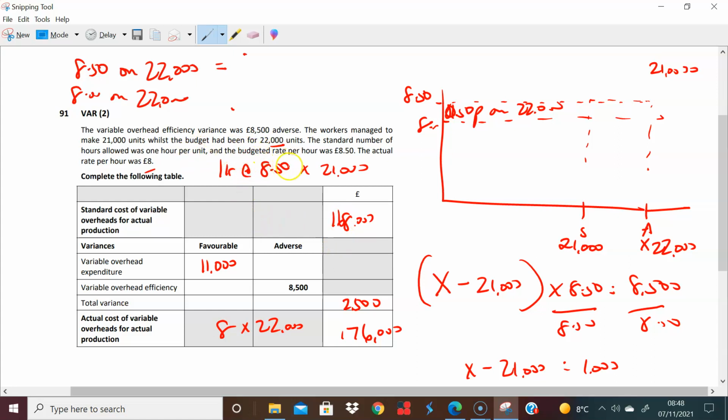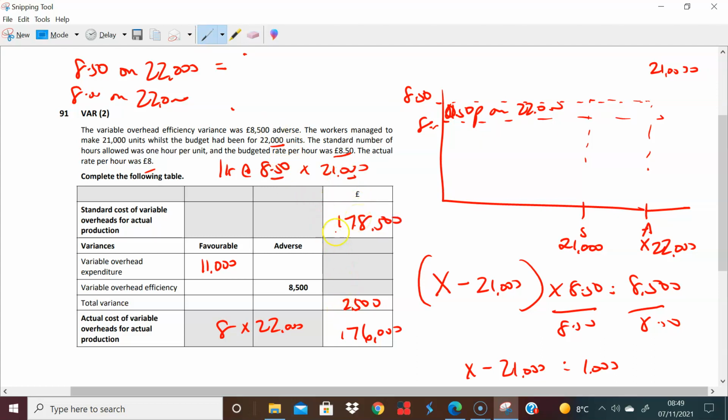You were meant to spend £8.50 an hour times 21,000 hours. £8.50 times 21,000 is 178,500.